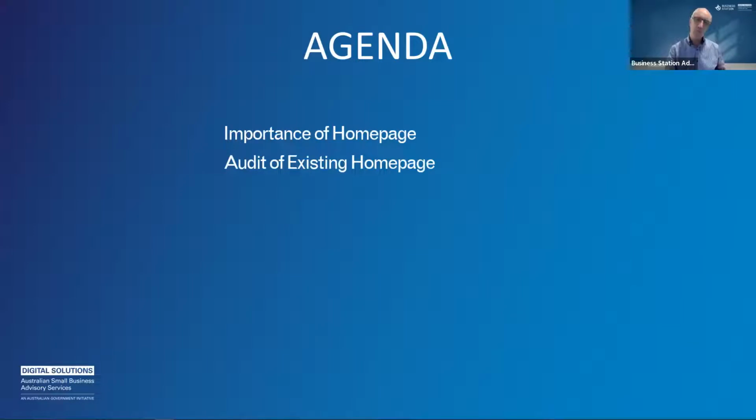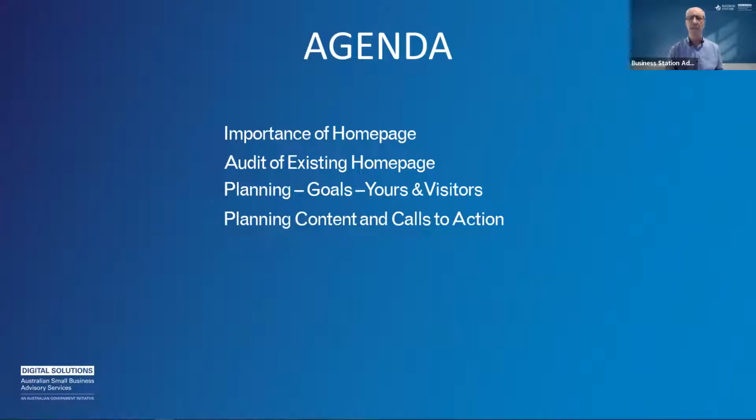Also, how to do an audit of your existing homepage and see what maybe you're missing and what content you should include on your homepage. We'll then talk about different stages of planning, what your goals are, what you want to achieve from your homepage and your website, not just your goals, but also what you think your visitors' goals are, and that's super critically important.